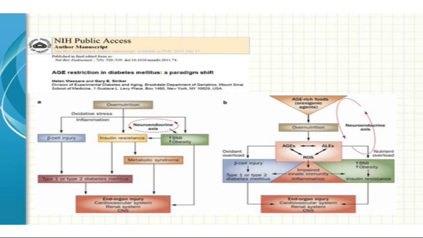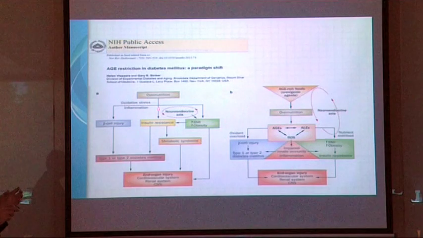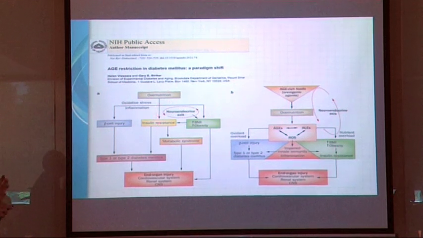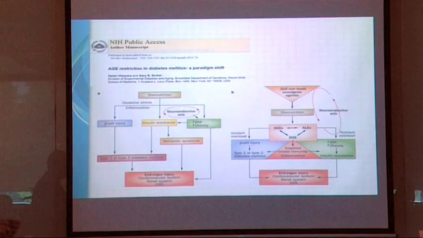So there is a certain paradigm shift, as has been published in Nature Reviews Endocrinology, from the concept of mere overnutrition, adipose tissue obesity, insulin resistance, and then all the metabolic problems.